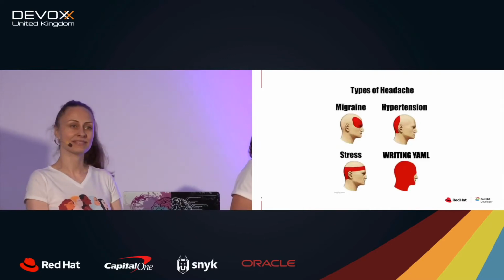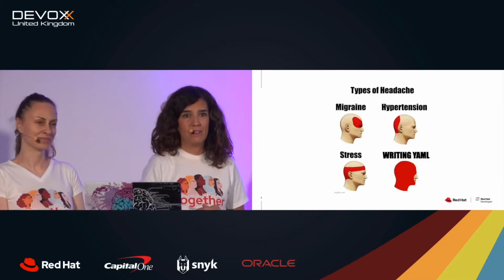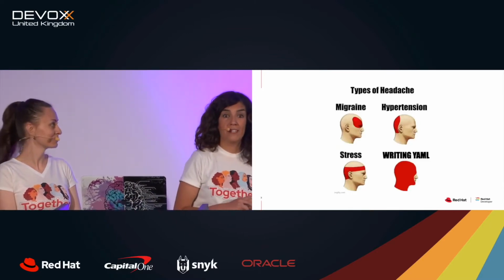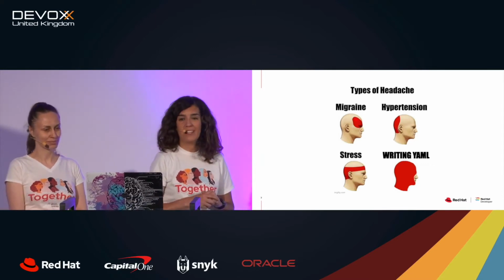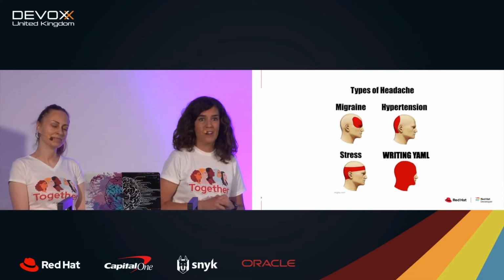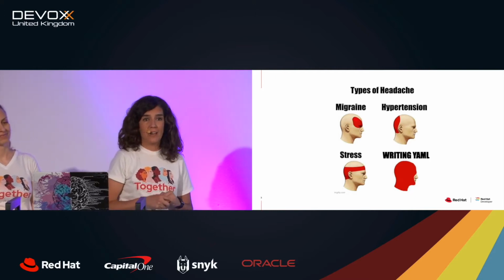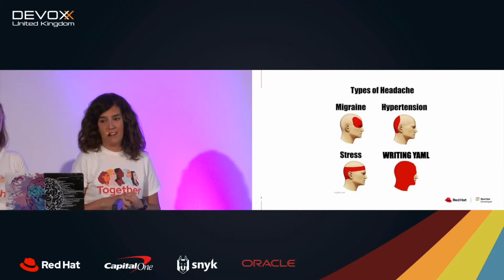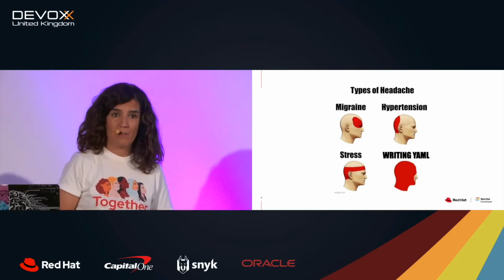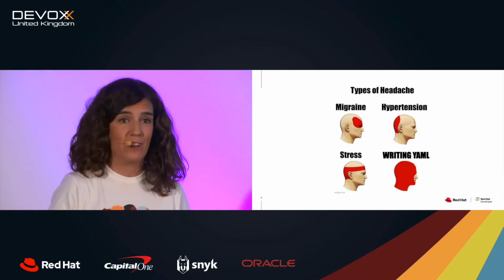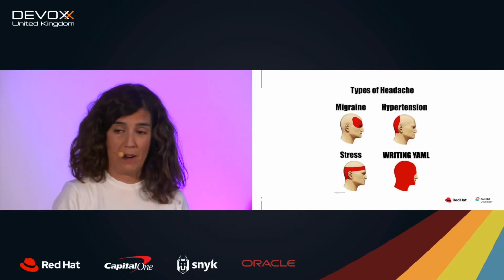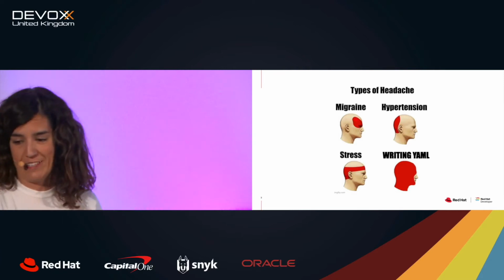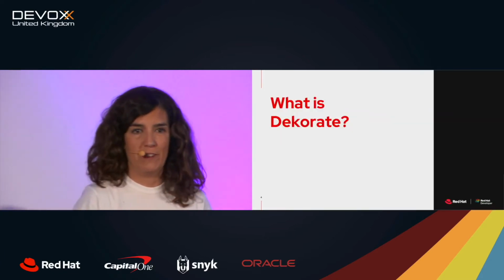So, as software developers, we experience some headaches with YAML, right? Manually writing YAML or maintaining YAML files. Luckily, nowadays we have tools like Dekorate to take that burden away from us. What is Dekorate?